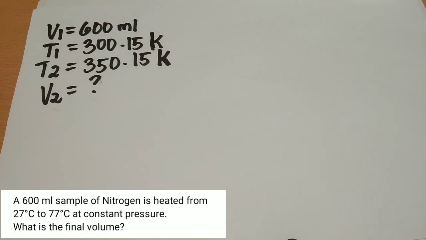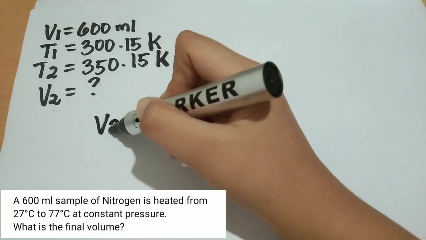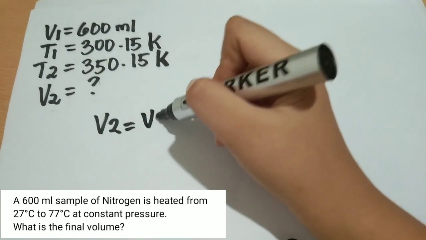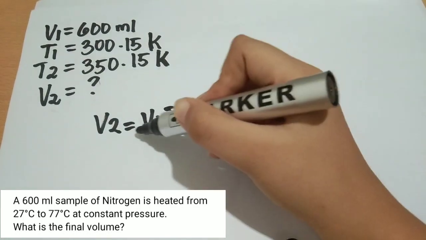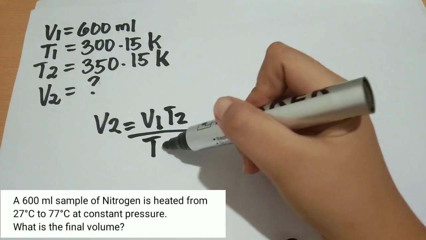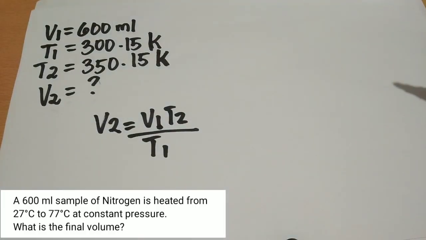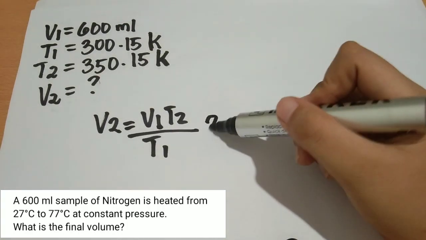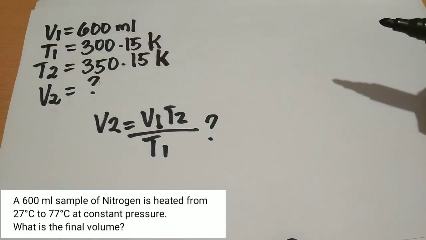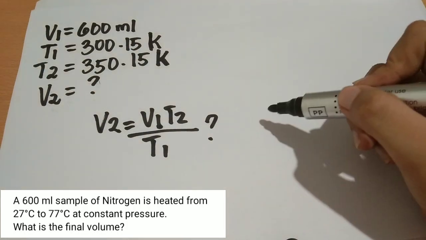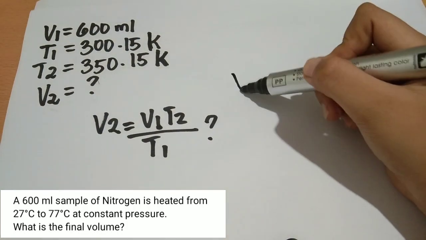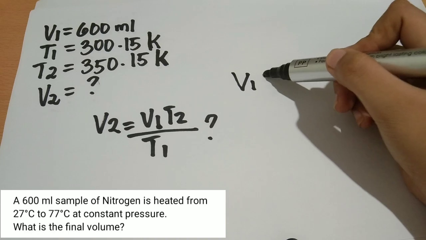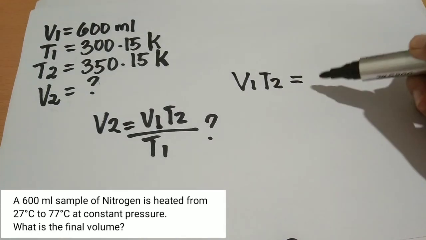So to solve for the final volume, the equation we will use for this is V2 is equal to V1 T2 over T1. Now you may ask, how did we get this equation? Earlier, we said that the final equation to be used is V1 T2 is equal to V2 T1.